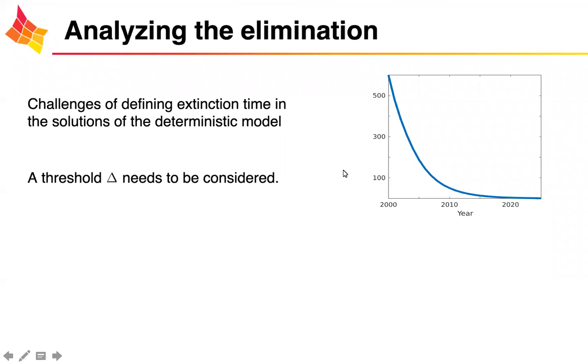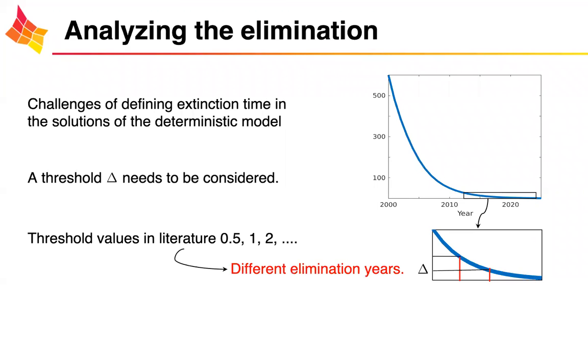However, it never reaches 0, although it's very small. A threshold is needed to define the extinction or the endpoint, and different values of thresholds are used in the literature for different diseases. Even for HAT, for example, there are very different values.